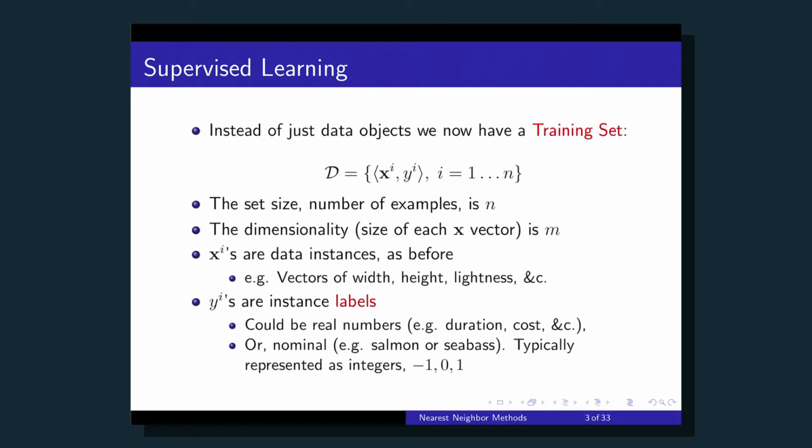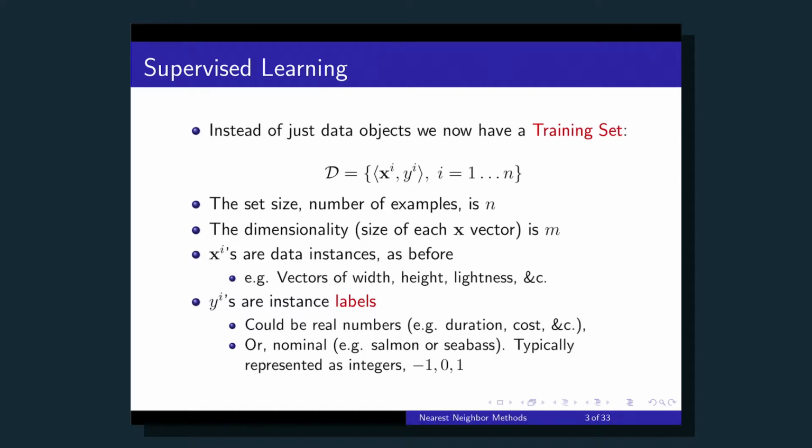So this could be a two-dimensional problem, or a 64-dimensional problem like the one we saw with handwriting, etc. So that m is how many elements each x vector has, and n is how many instances you have. And now for each instance you also have a label, somewhat like, for example, in our previous discussion, the salmon and the sea bass were possible labels.